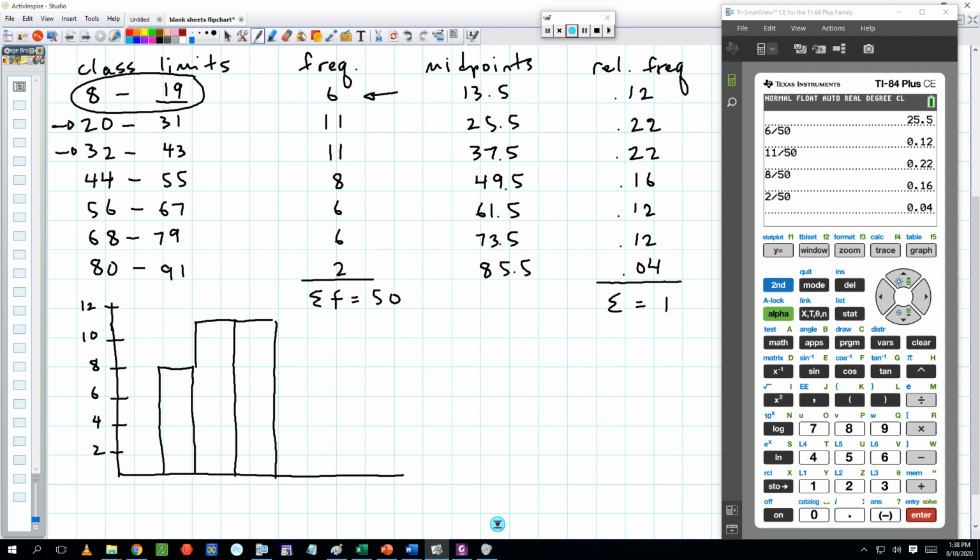I went too high on that first one. There's 6. 8. A couple of 6s. And a 2.